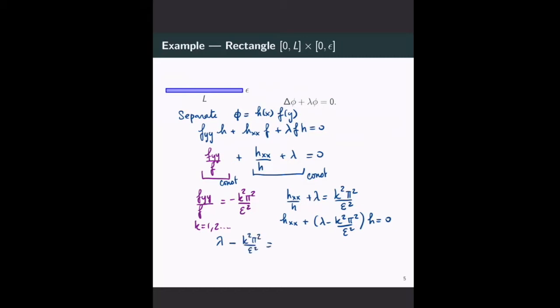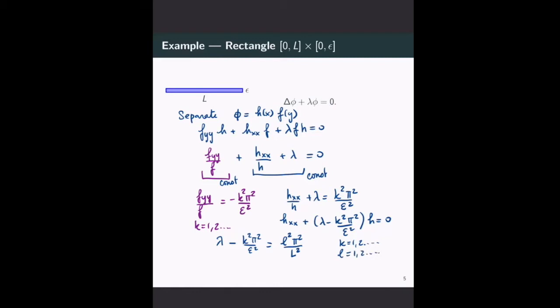Now this is the same setting as the 1D problem, and we saw that it was an integer, I call it L square, pi square over the length square, which is L square. So now k is 1, 2, anything. L is also 1, 2, 3.